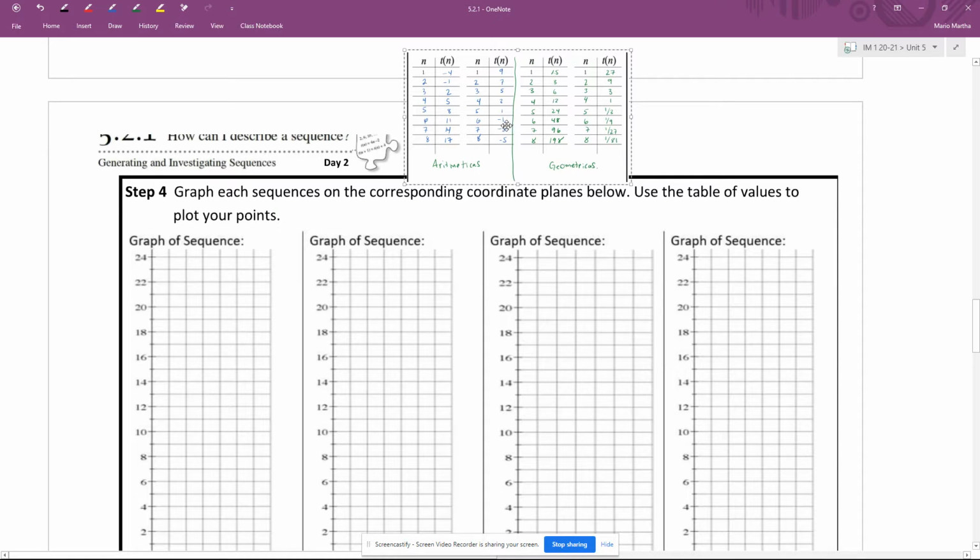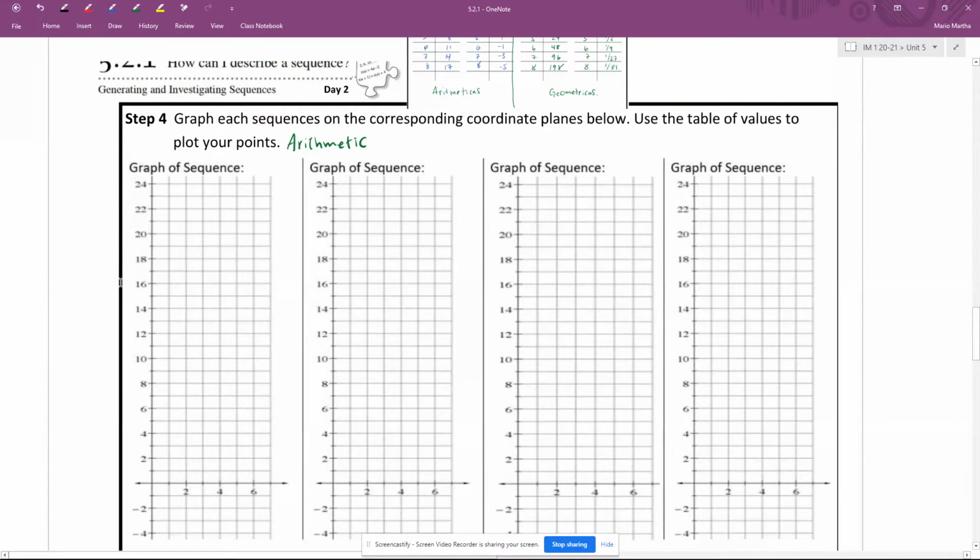So what we're going to do first, we're going to graph the arithmetic sequences right here. Again, n is pretty much the same as our x, so this is our n axis, and then this would be our t of n axis.